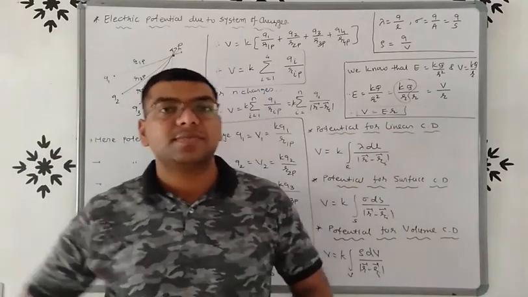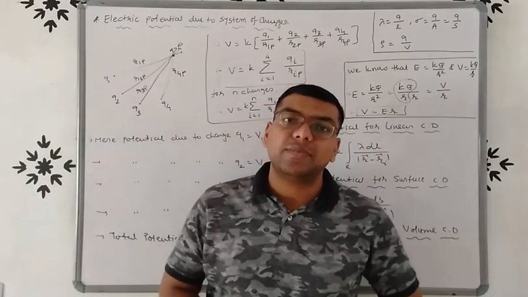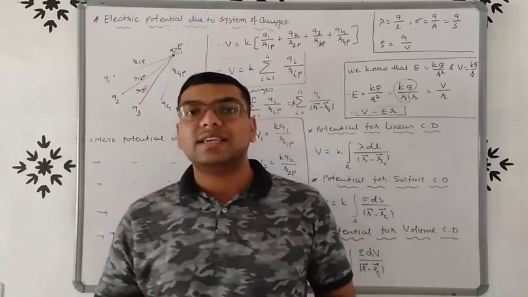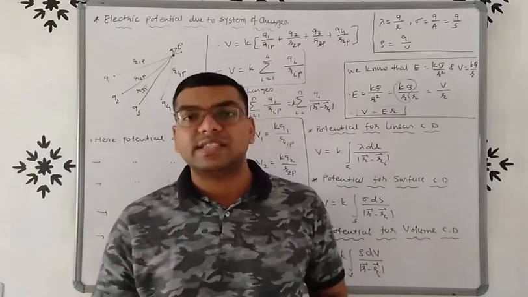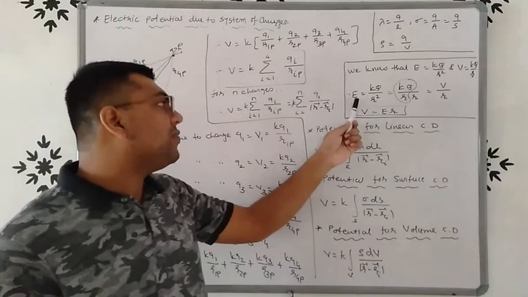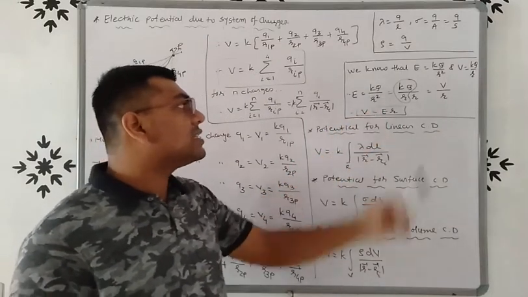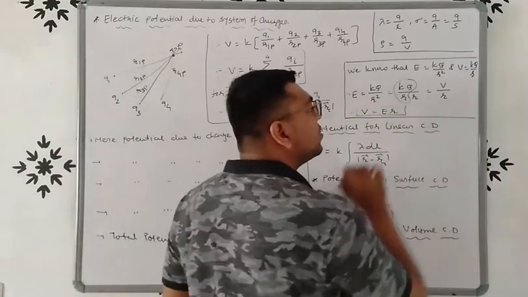Once again friends, to derive the relation between electric field and electric potential, we use the formula of electric field E is equal to kq by r square. We already know that potential V is equal to kq by r. From the formula E is equal to kq by r square, instead of r square we can also write r into r, so kq by r into r.